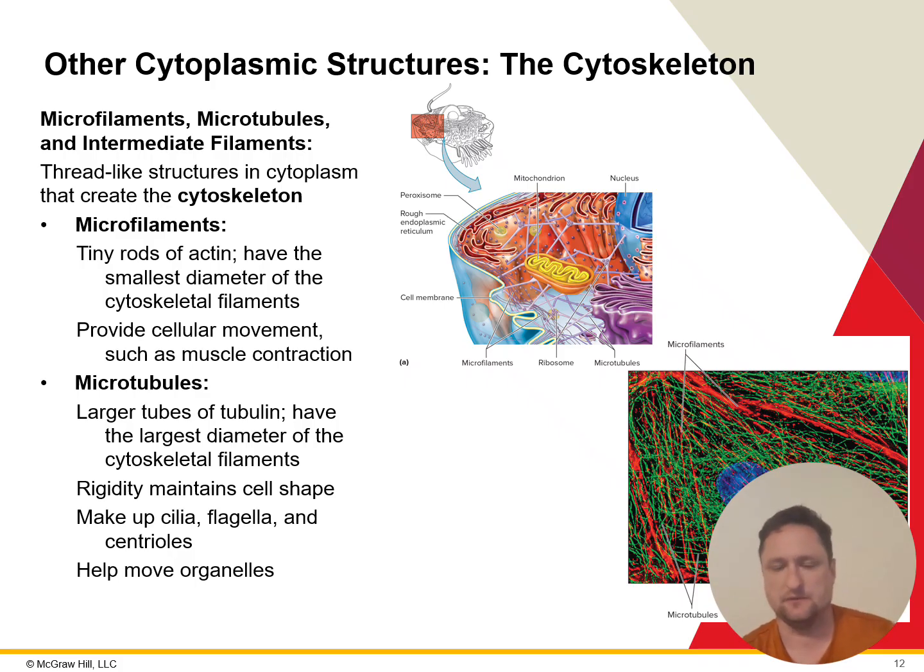Now, microfilaments are the smallest, contributing to cellular movement and contraction, especially in muscle cells. Microtubules are the largest, and they form a network of cilia, flagella, and centrioles, while the intermediate filaments provide tensile strength to the cell.